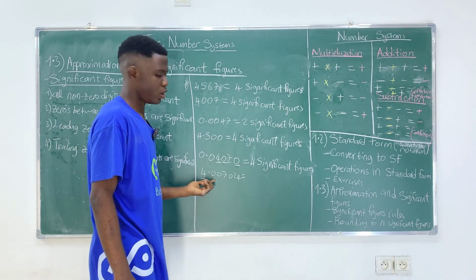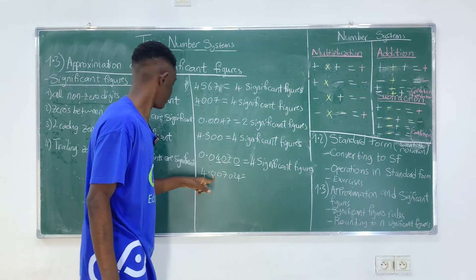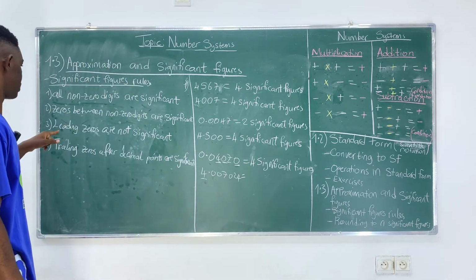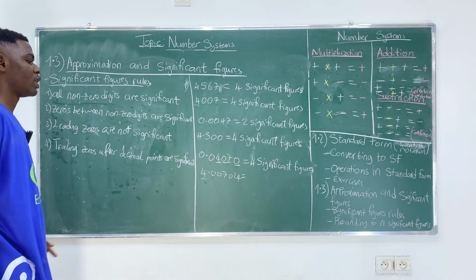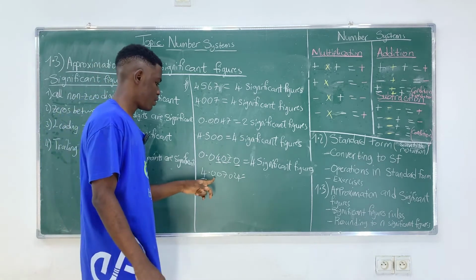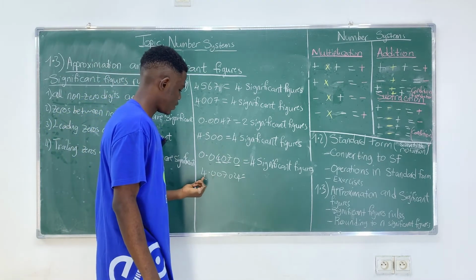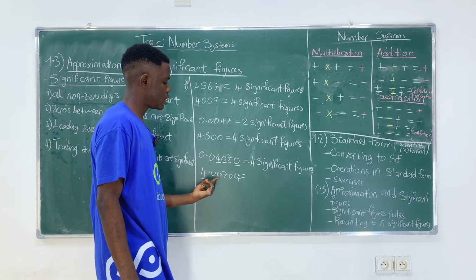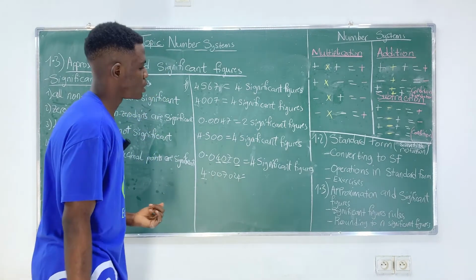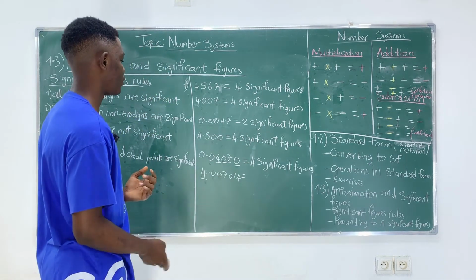No, actually it is not. Zeros between non-zero digits are significant. This 0 is after a non-zero digit and there is not a non-zero digit after it. So it is not a significant figure.